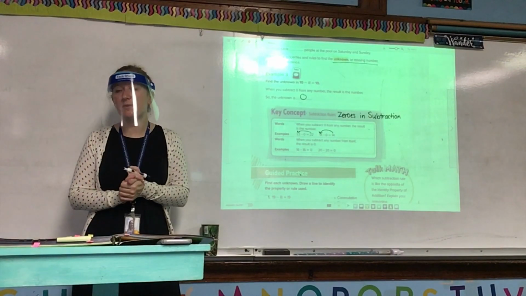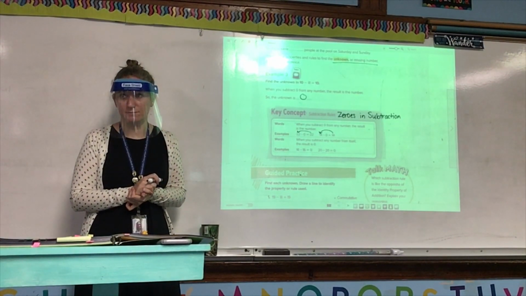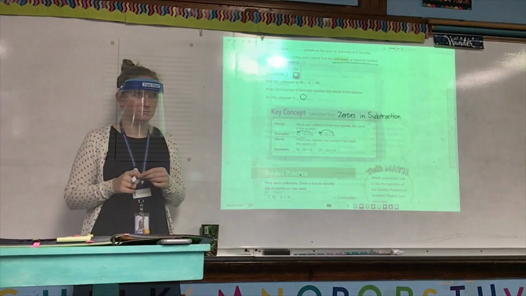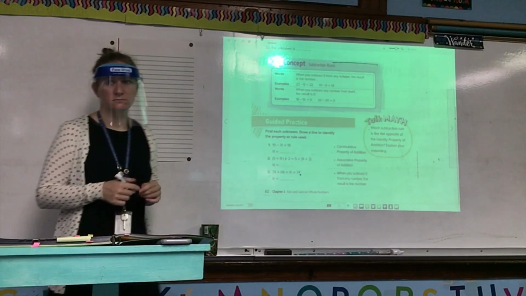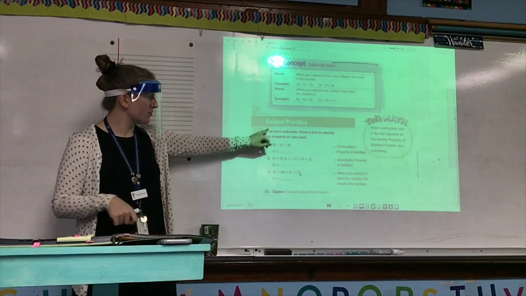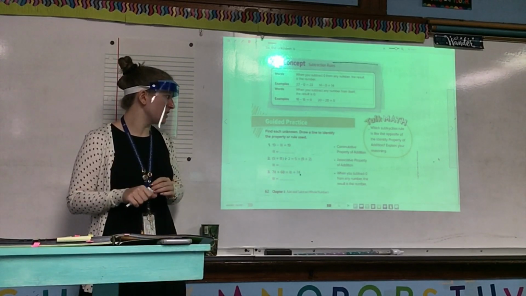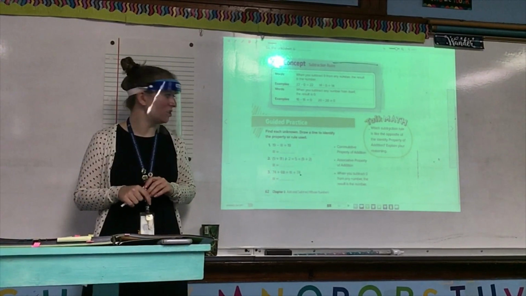So is everybody with me on properties of addition and subtraction rules? Okay, so you should be looking at the guided practice. The directions say find each unknown, draw a line to identify the property or rule used.